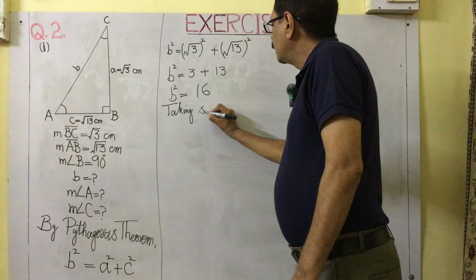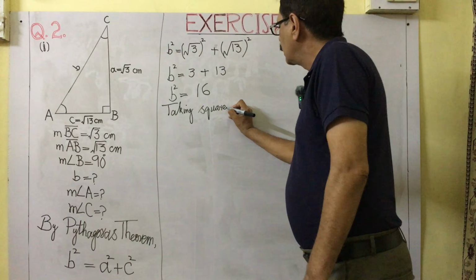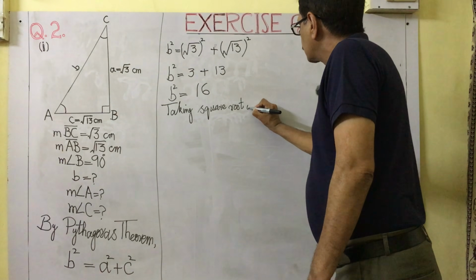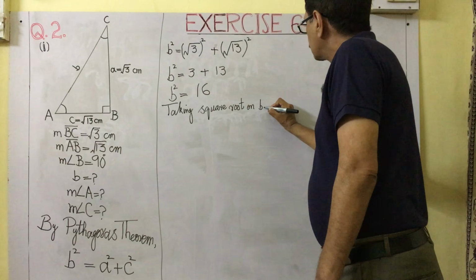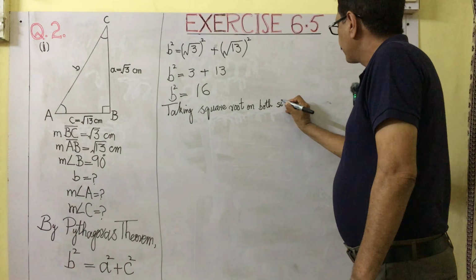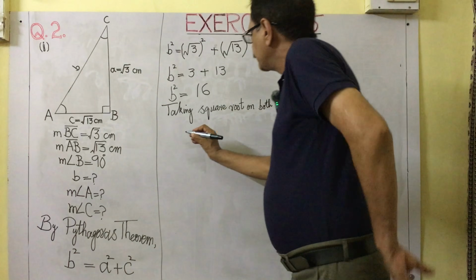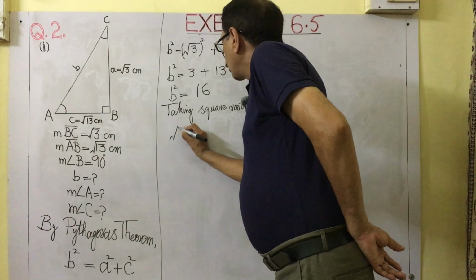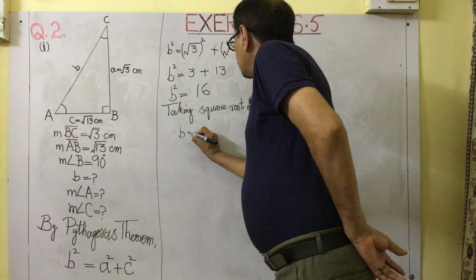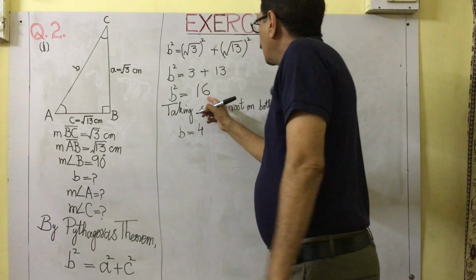Taking square root on both sides, it will become square root of B square is equal to 4. How come?